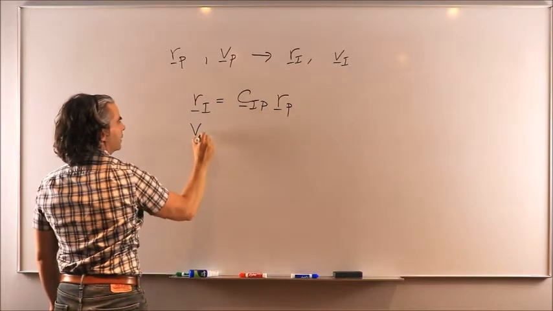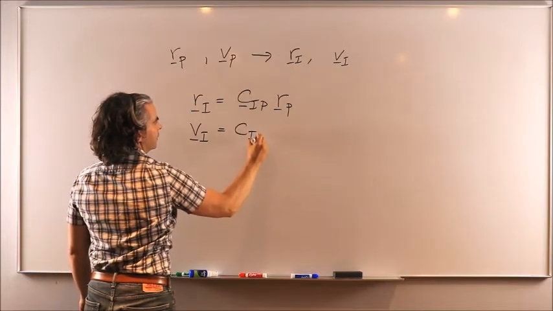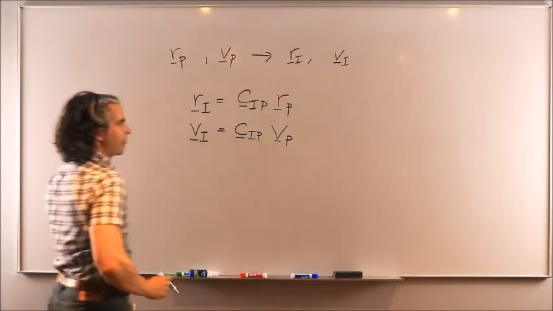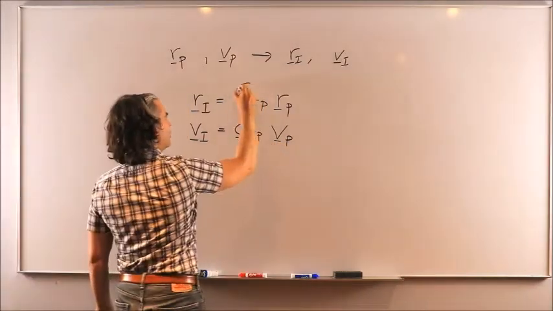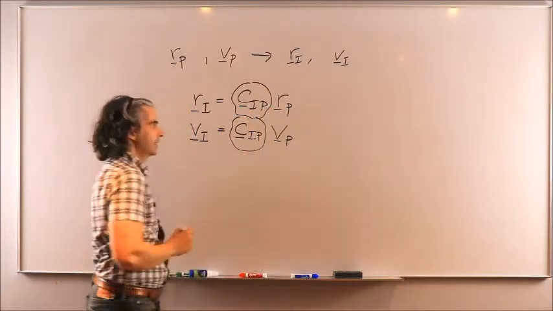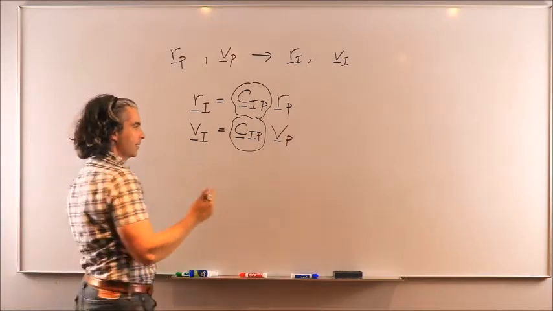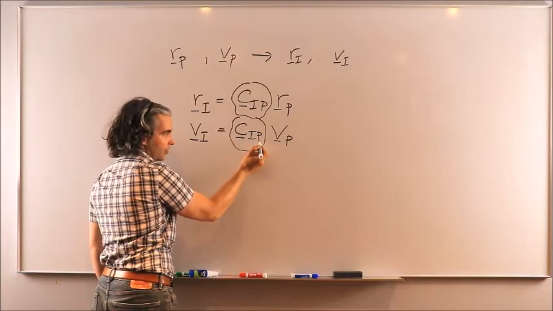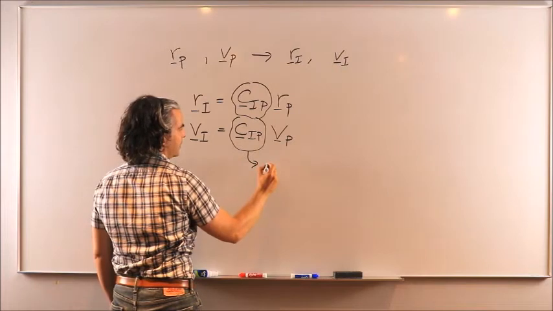We apply it to both the position and the velocity components, like that. So the trick is to now determine this rotation matrix, CIP, or the rotation matrix that gives the orientation of the ECI reference frame with respect to the perifocal. Okay, this is what CIP means.